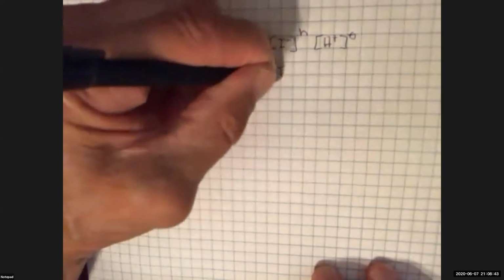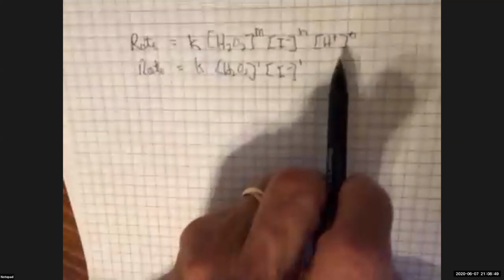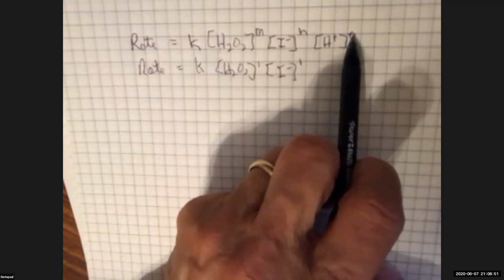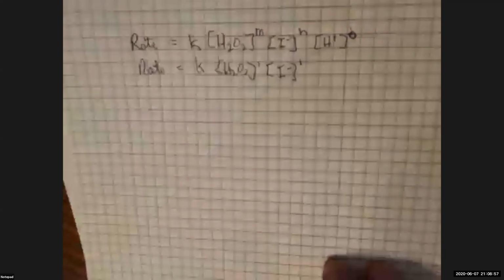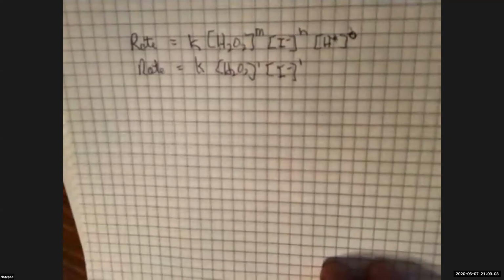We also found that the order in iodide was also 1, and that the hydrogen ion concentration was zero order. So the o there equals 0. The hydrogen ion concentration to the 0 power is 1, so we don't even include that.